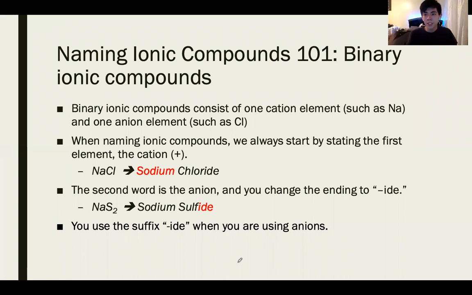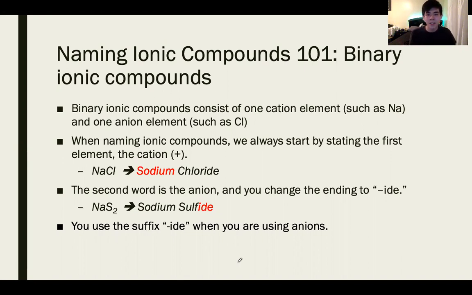All right, so let's go into the naming process of ionic compounds. So let's first talk about binary ionic compounds. So remember, a binary ionic compound consists of one cation element, such as sodium. Keep in mind, sodium is a cation because it has a +1 charge, so it has a positive charge.